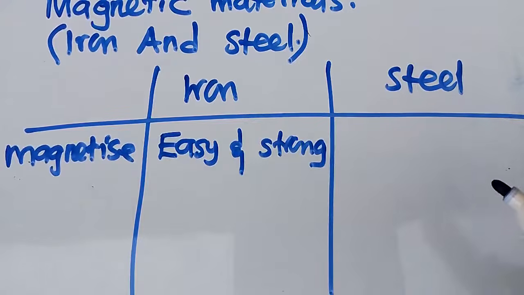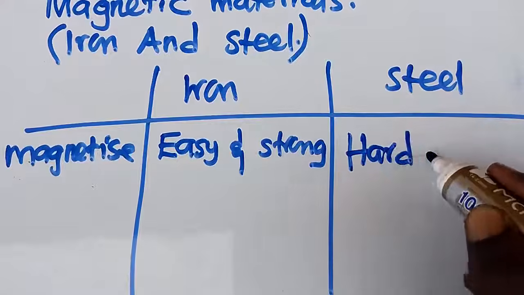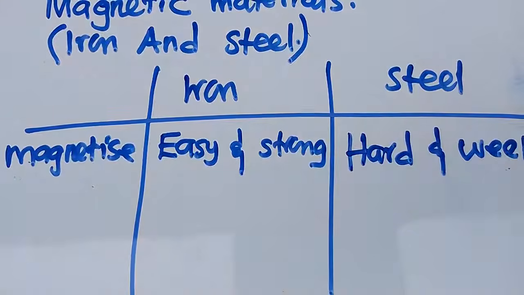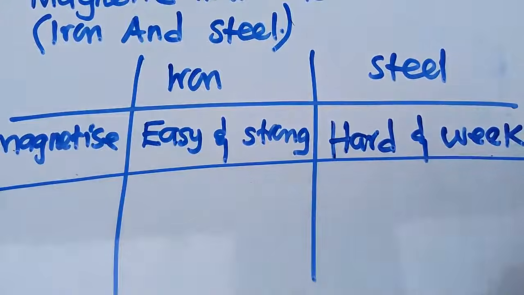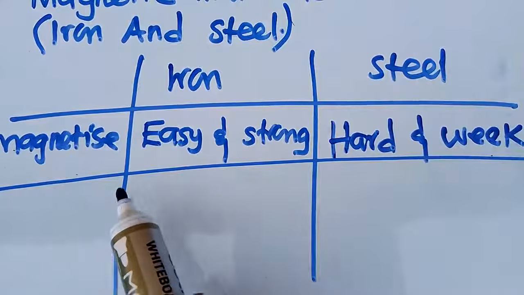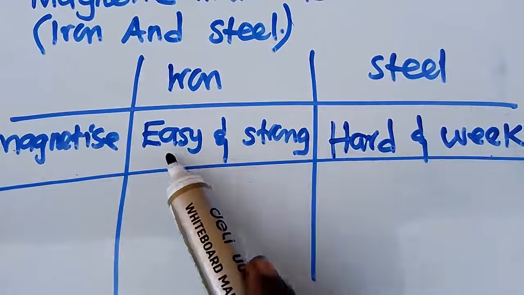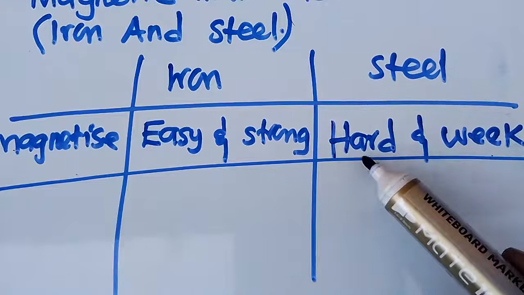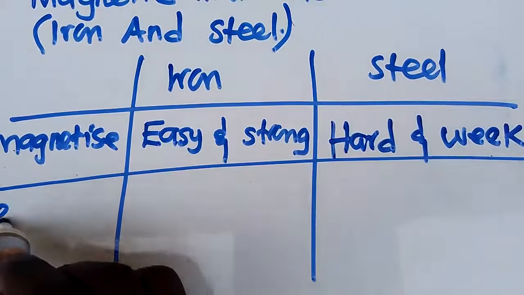But whenever we are talking about steel, it is very hard to magnetize steel, and it is very weak. So in terms of magnetization, iron is very easy and strong, but steel is very hard and weak.